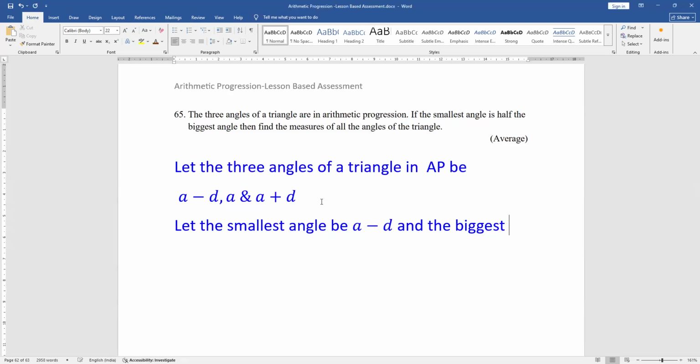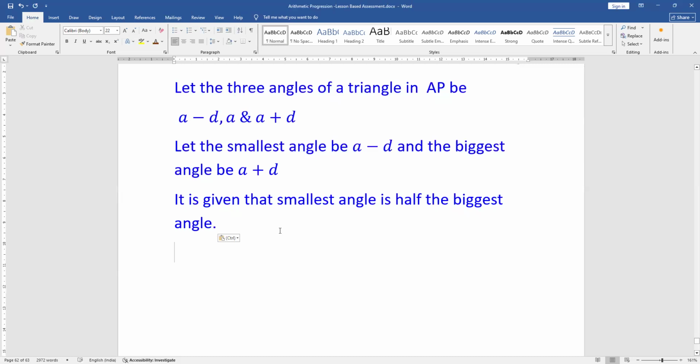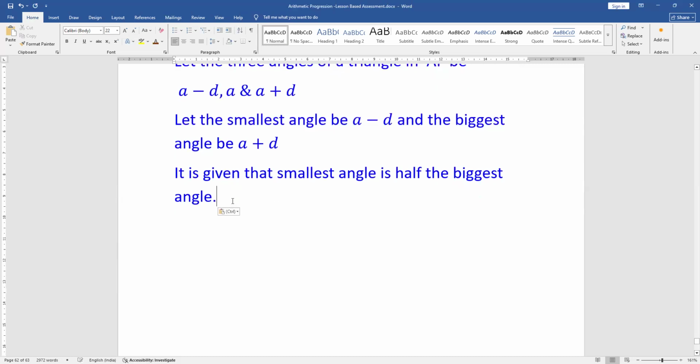Let the smallest angle be a - d and the biggest angle be a + d. Next, it is given that the smallest angle is half the biggest angle.